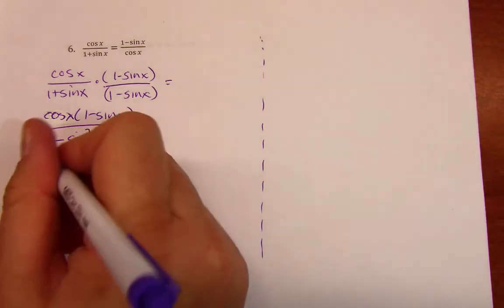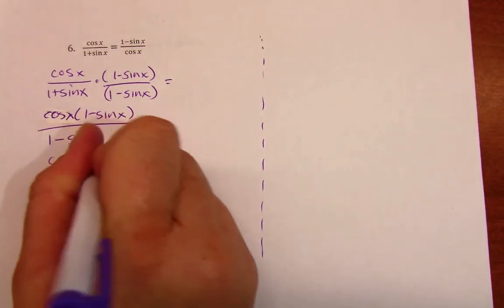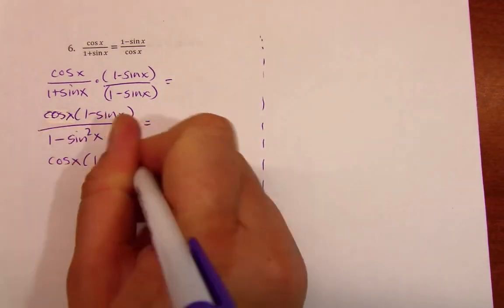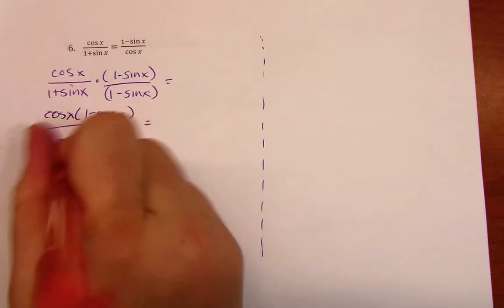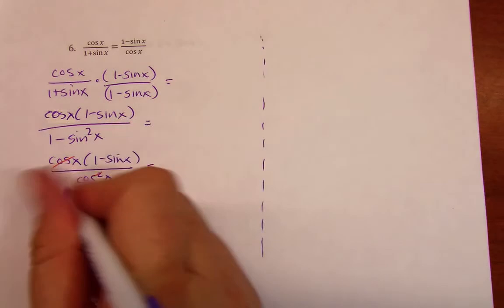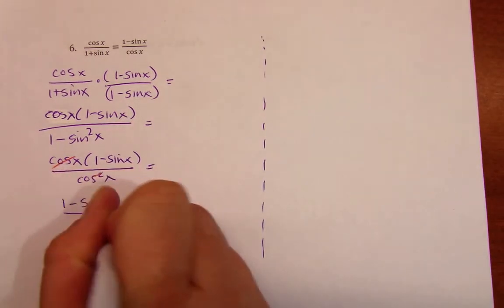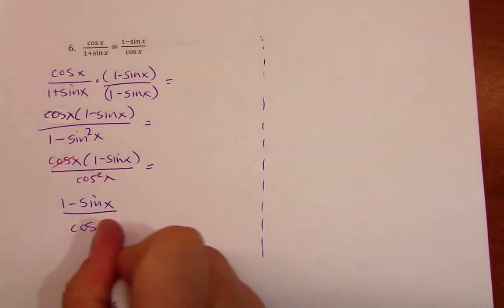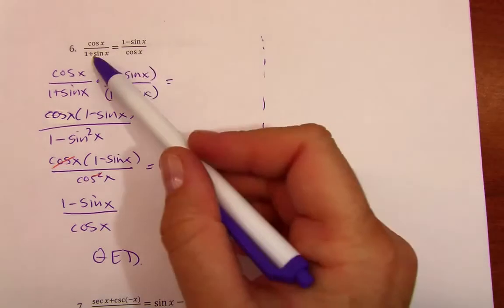And now I can replace this with cosine squared. And then those can cancel. And we have 1 minus sine x over cosine x as we wished. Well, that's with me working on this side.